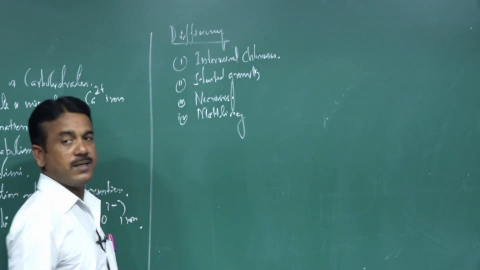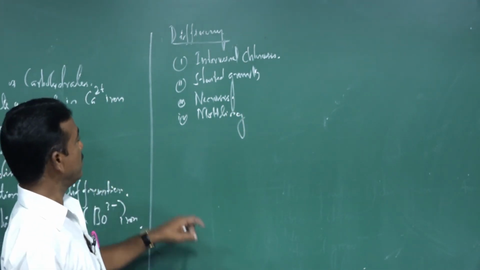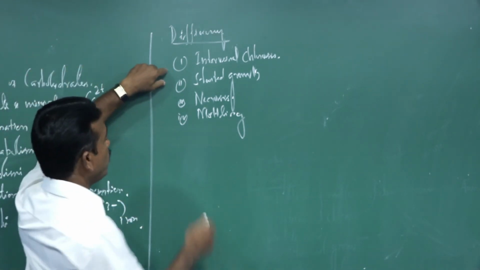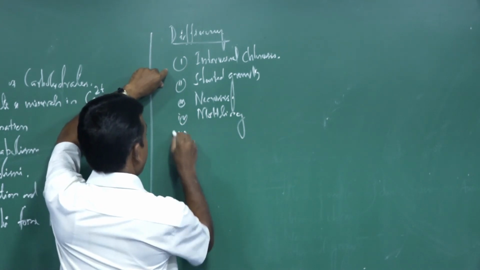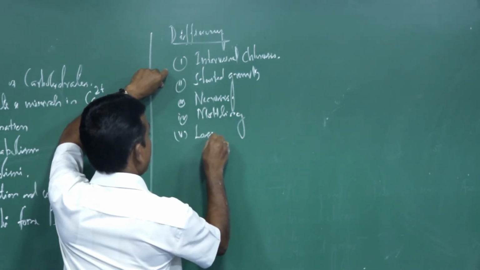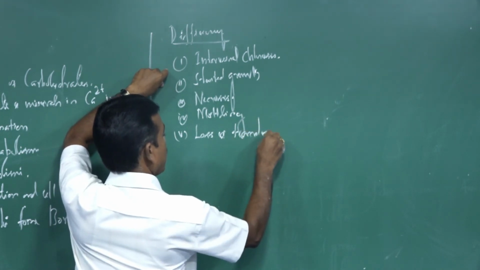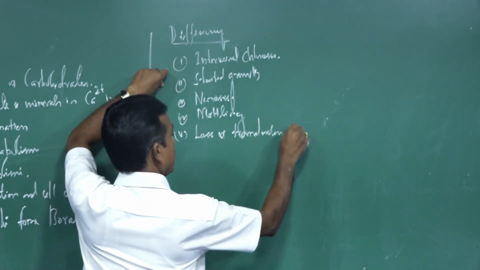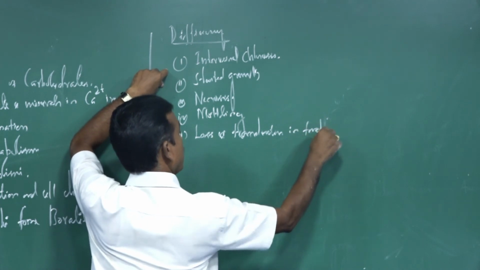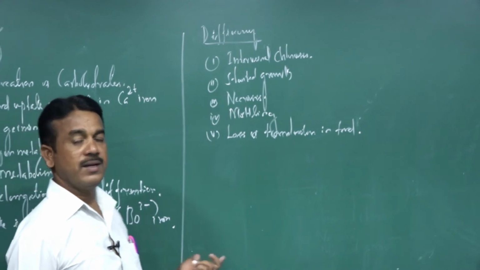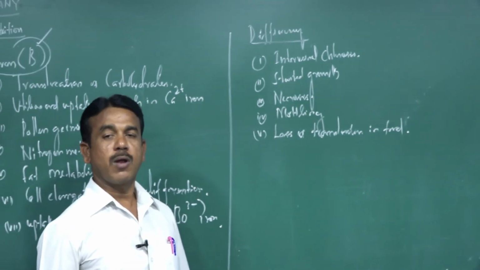So these are the things responsible for disease due to deficiency of boron, particularly involving loss of translocation of food.